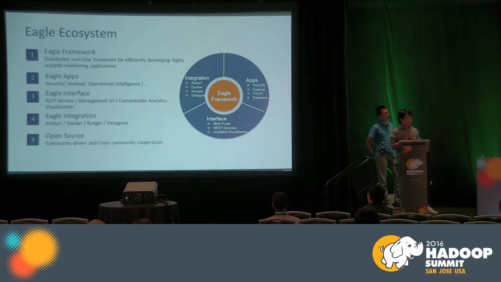And the integration, as we just mentioned, the initial problem we want to resolve is integrating with Hadoop. In the Eagle ecosystem, we want to expand our scope not only to Hadoop, but to everything we want to monitor. By default, Eagle will focus on the framework development and also provide some built-in applications and alert models.